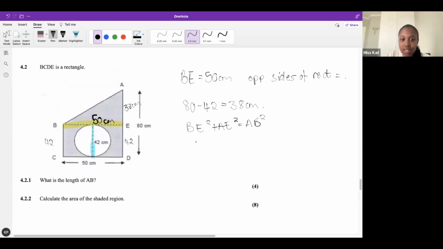We said BE is 50 centimeters, so 50 squared plus 38 squared equals AB squared. Okay, let's see. How much is 50 squared? 2,500 plus 38 squared.